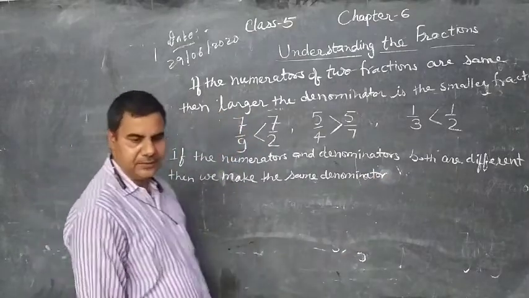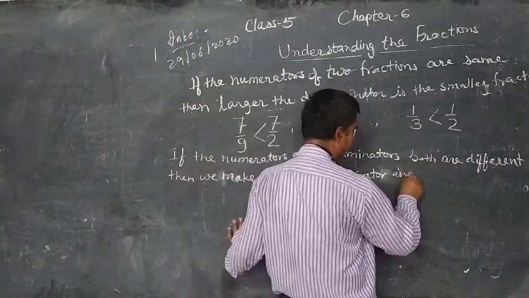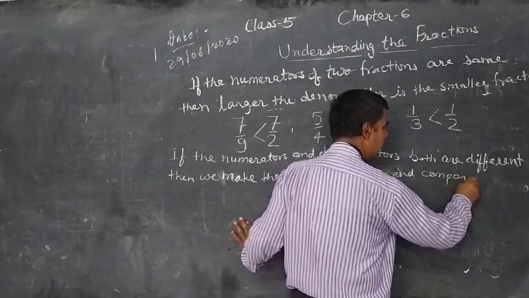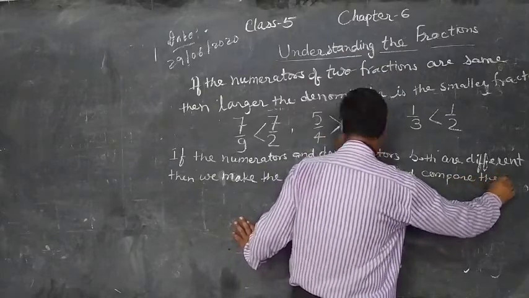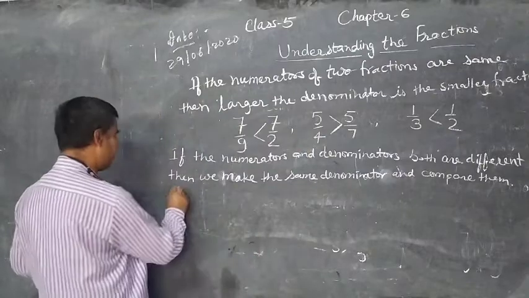We make the same denominator and compare them. Understood by this example?